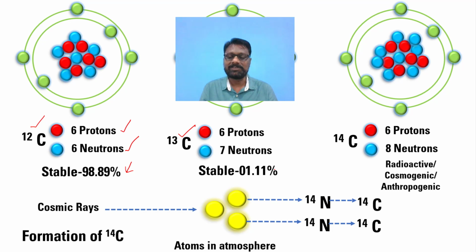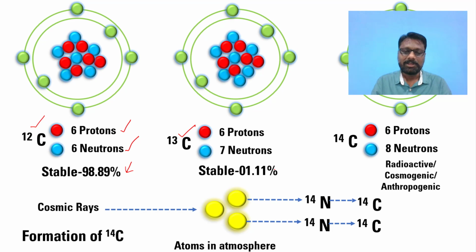So this is the conversion of nitrogen into C14, and again C14 getting back to N14 by the liberation of beta particles. In this way, you will observe the stability and instability of carbon and related isotopes.